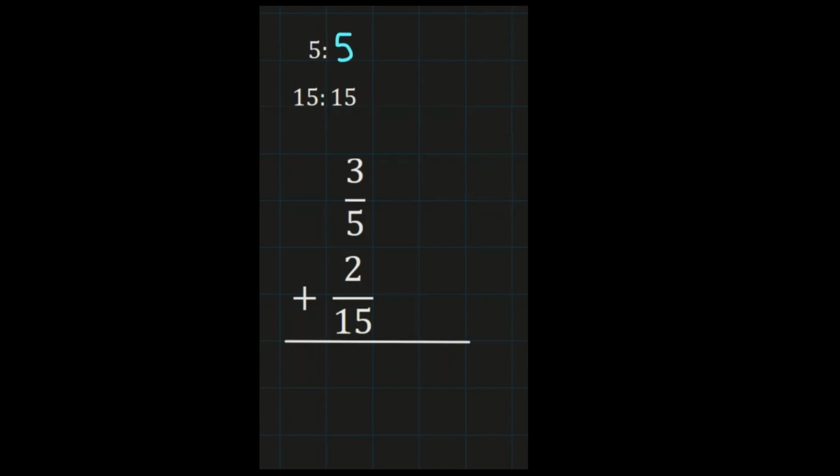So if we start looking at our multiples of 15, 15 is the first one. And so then I can look at 5. I know 15 is a multiple of 5 because that last digit is a 5. So then I can list my multiples of 5 till I get to 15. Or I can just use 15 as that least common denominator.